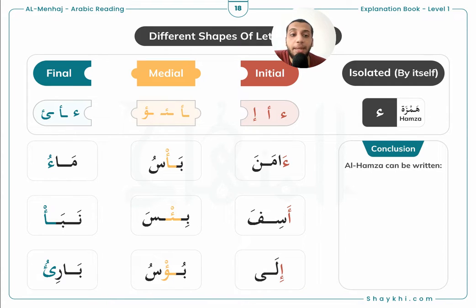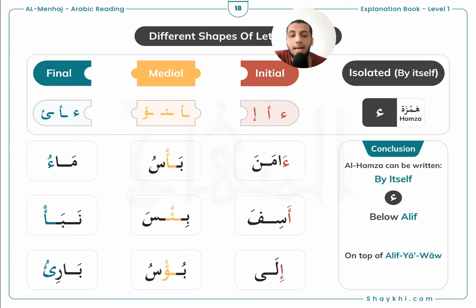Hamza can be written by itself, below alif, on top of alif, or ya, or waw. All these shapes are the shapes of Hamza. Let's clarify them more.